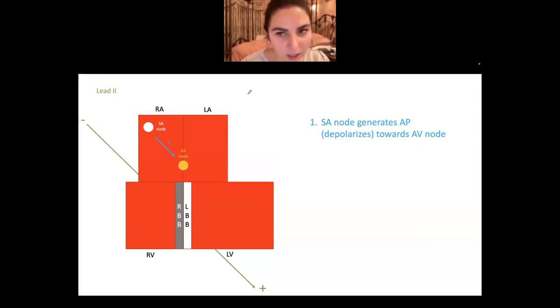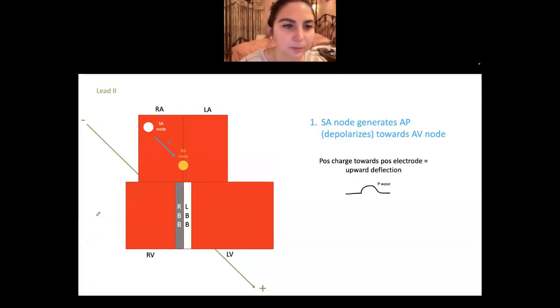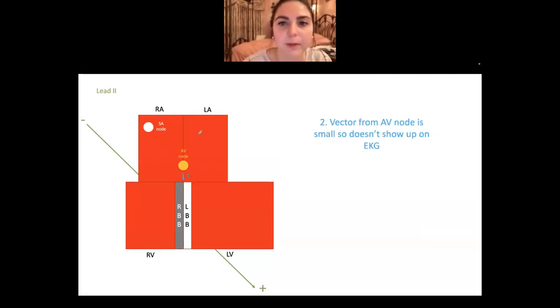So how is this going to look on an EKG? It's going to look like a positive deflection, right? Because we have this wave of depolarization, this wave of positive charges moving towards a positive electrode. So positive charge towards positive electrode, upward deflection. So that is what's known as your P wave.